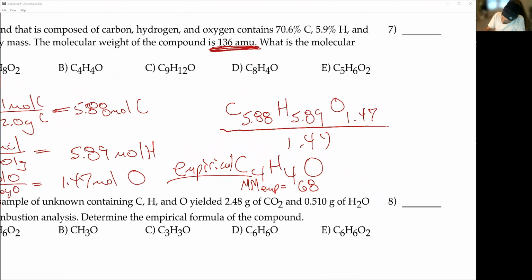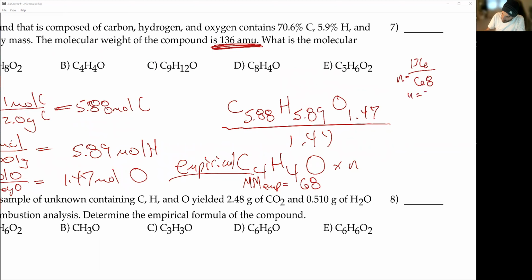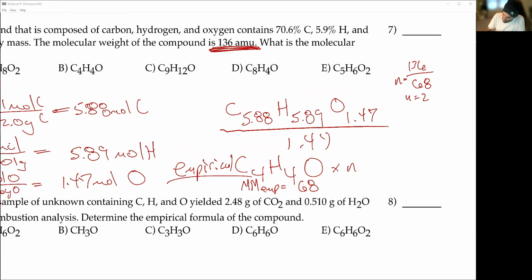So the multiple that I need is 136, the molar mass of the molecular, divided by 68, which gives me an n equal to 2. That just simply means I need to multiply this whole thing by 2 to get my molecular.